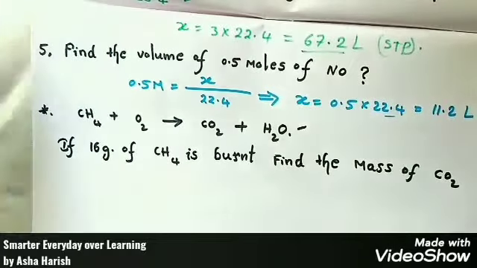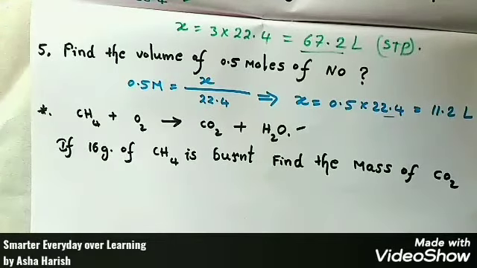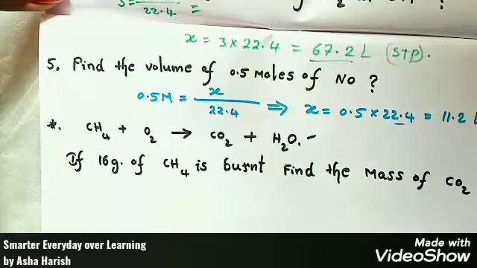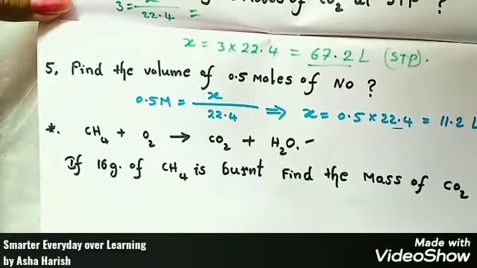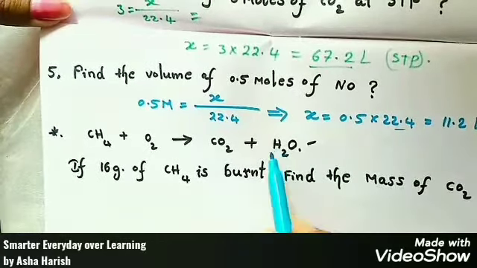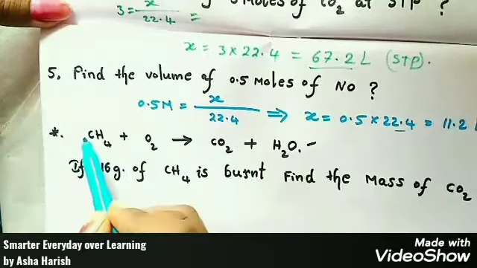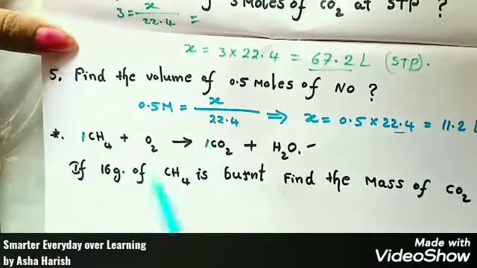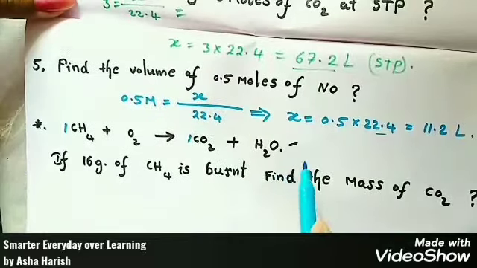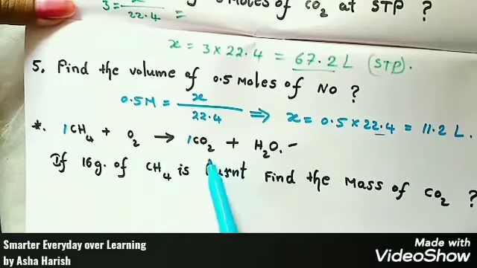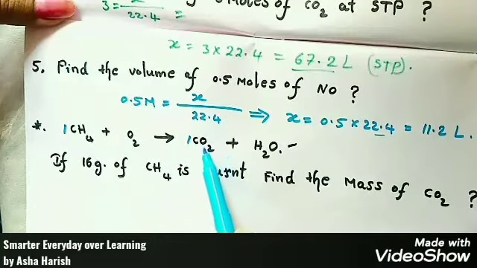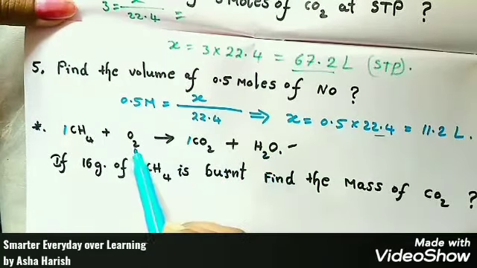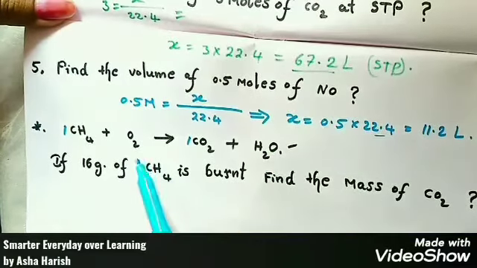So students, we have to do a calculation for this, and before that, you have to balance the equation. Here, both sides carbon atoms are only one. Coming to oxygens, here 3 oxygens are there, and here only 2 oxygens.